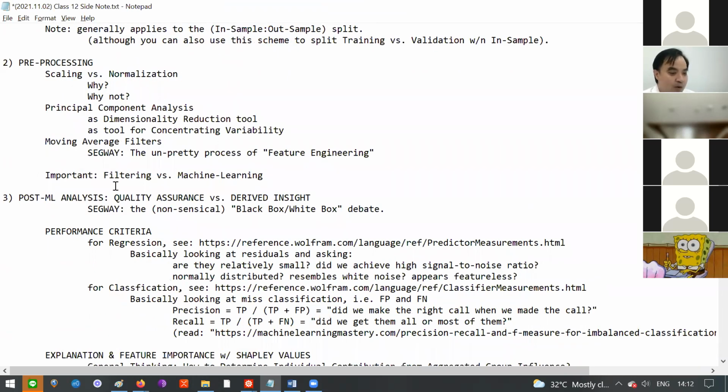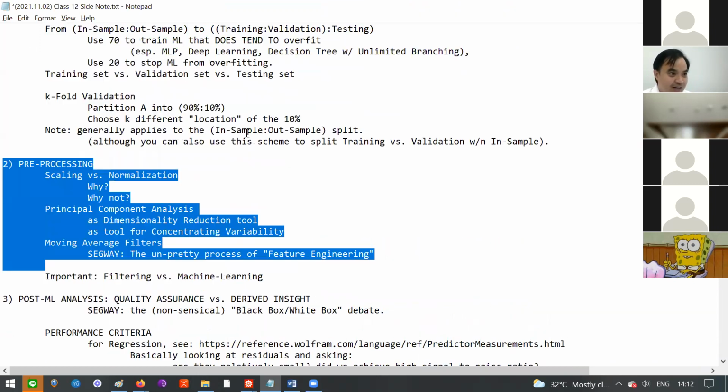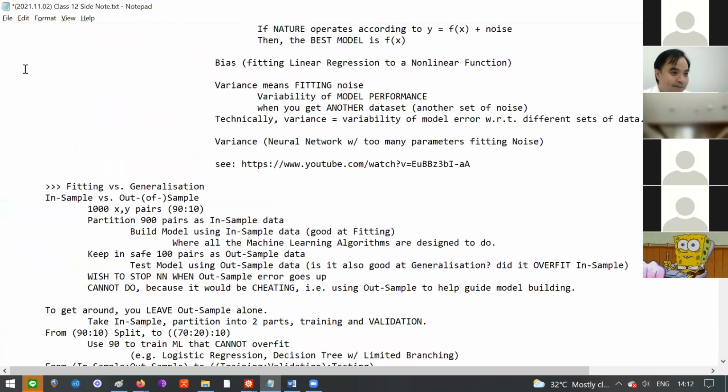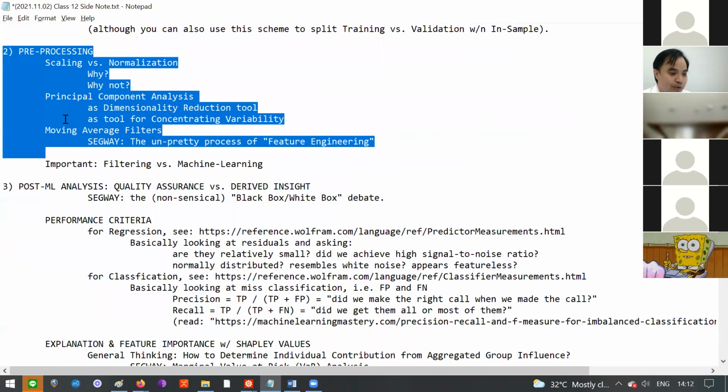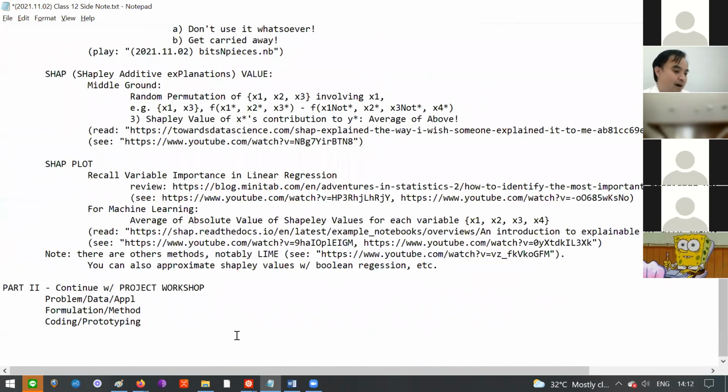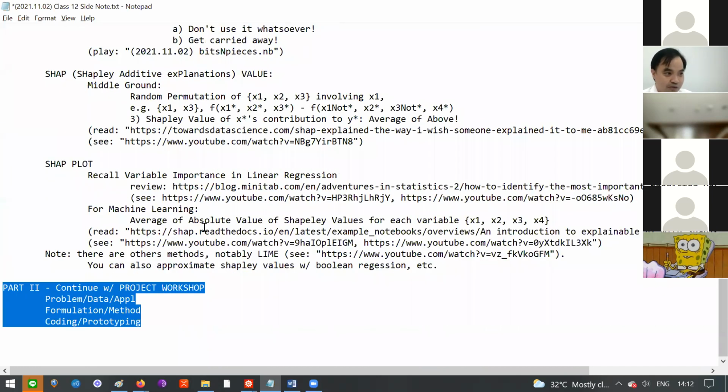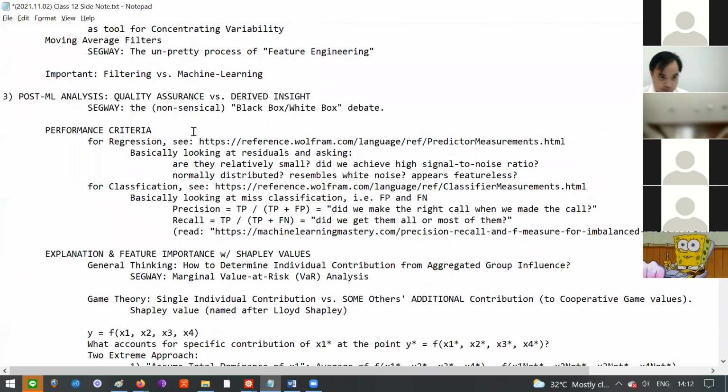So I'm going to shift gears and I'll come back to this. I'm going to cover 1, 3, 2, and then go to part 2, which is the student project. But I still have 1, 2, 3 because this is post, so it should come after pre.